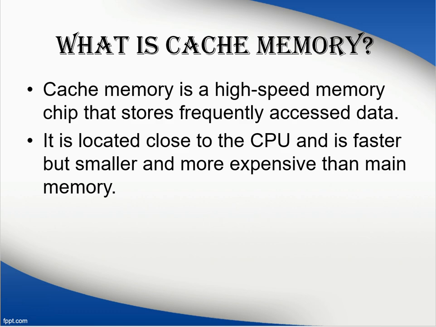It is located close to the CPU and is faster but smaller and more expensive than main memory. So we can also say that cache memory is a chip-based computer component that makes retrieving data from the computer's memory more efficient.